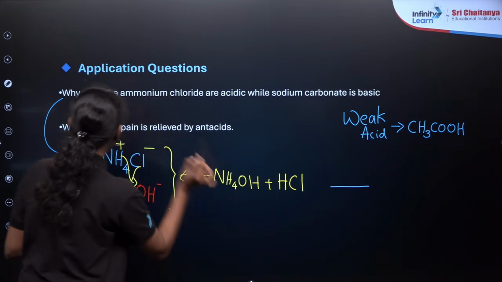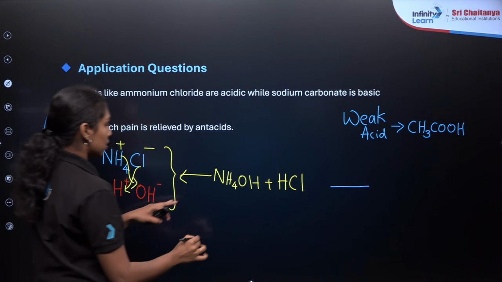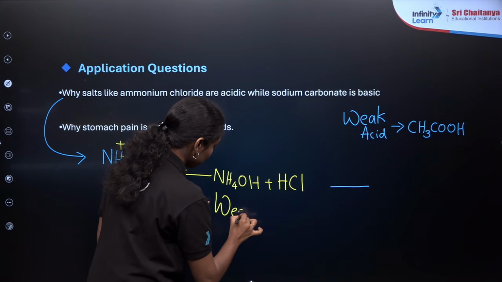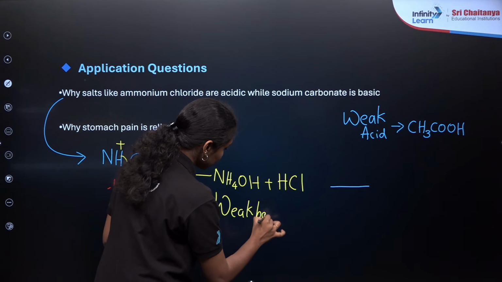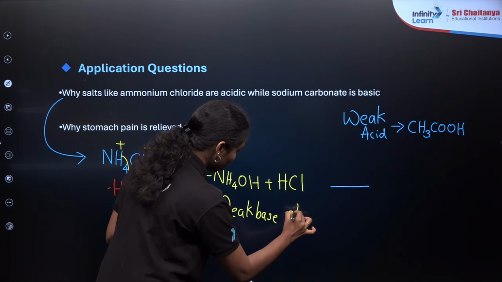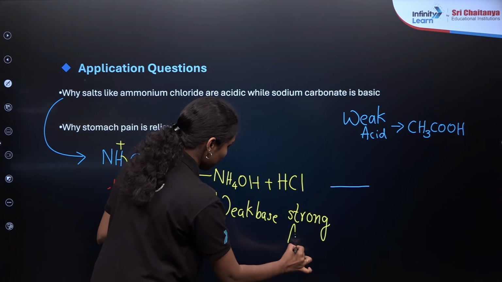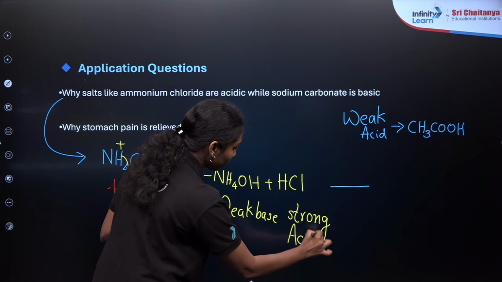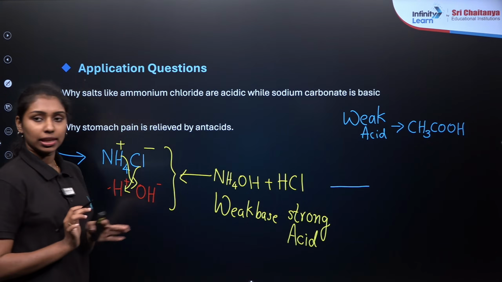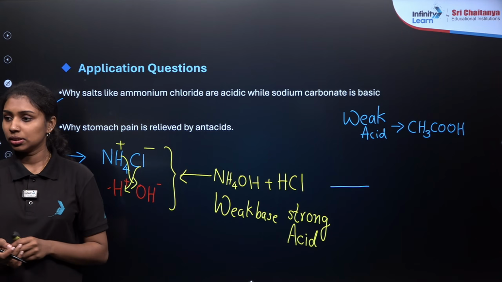Sorry, there is a small correction. Ammonium hydroxide is a weak base and hydrochloric acid is a strong acid, right? So if you do a neutralization reaction with a strong acid and a weak base, the resulting salt will have an acidic nature. Is that clear? Is there any doubt?